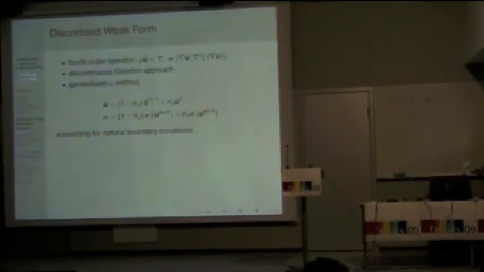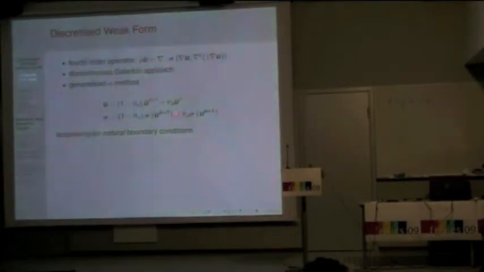And this is what we used for the time derivatives. We have a so-called generalized alpha method, in which we weight differently the derivative for the inertial term and the derivative for the stress term.